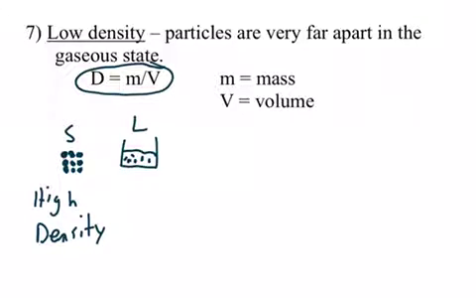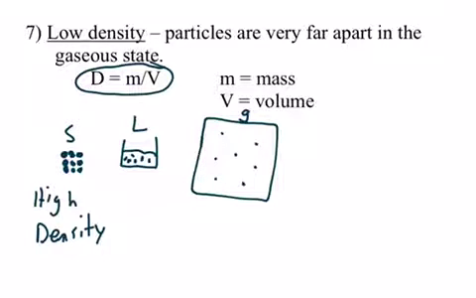But look what happens when we compare solids with, let's say, a gas. So here I got a container. I'm going to make it a little bigger. I'm going to put here G for gas, and I'm going to draw some particles. And I want you to analyze the distance between those particles. Notice they are not compact. They are very spread apart. So when you compact particles, like in the solid state, you have a very high density.